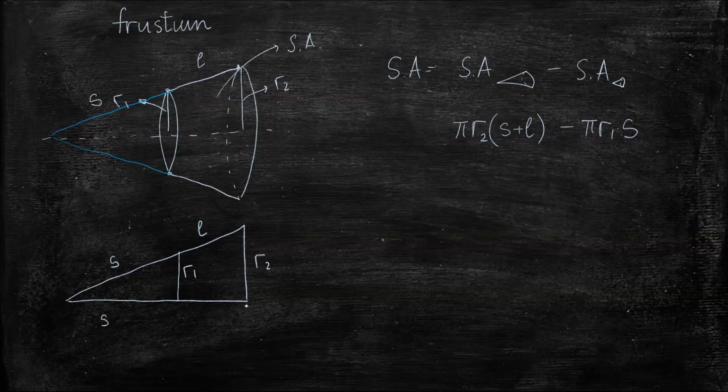We have two similar triangles, so therefore the proportion is preserved. So S over R1 is the same as S plus L over R2, and what this means is that we can now algebraically solve for S. To do that, we're going to multiply both sides by R1 R2.